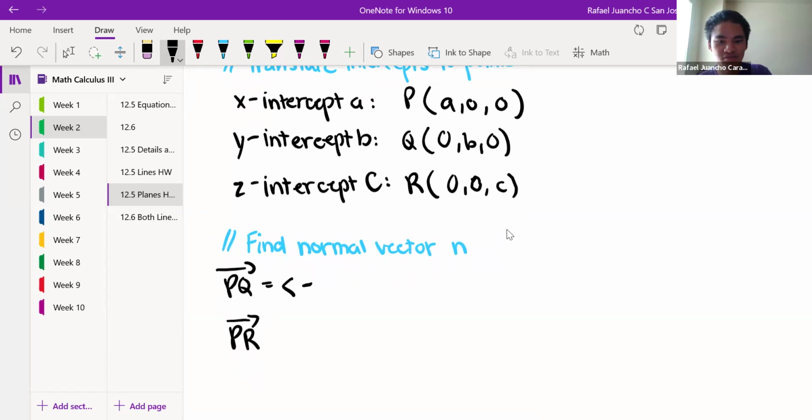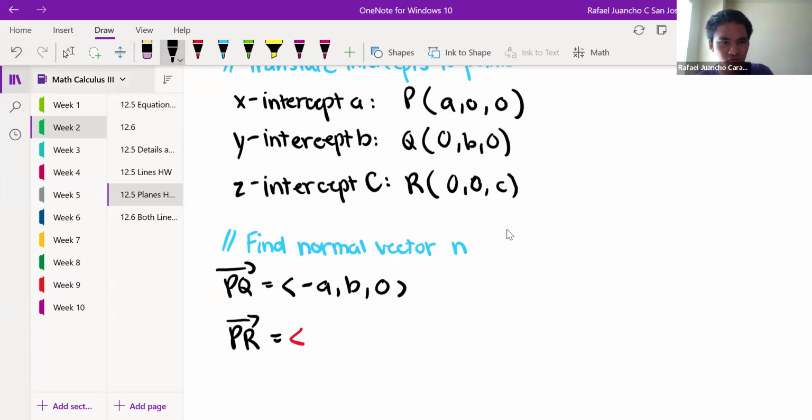So 0 minus A, so we have minus A. B minus 0, so we have B. 0 minus 0, so we have 0. Here we're just looking at their components.